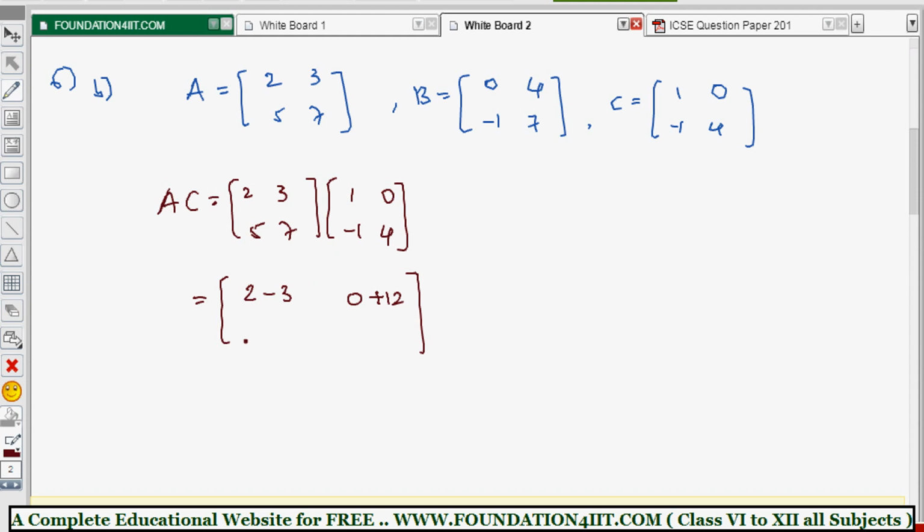Again second row first column, 5 minus 7, that is minus 2. Again second row second column, 0 plus 7 fours are 28. Now simplify this, that is minus 1, 12 and minus 2, 28. Okay, this is A into C.